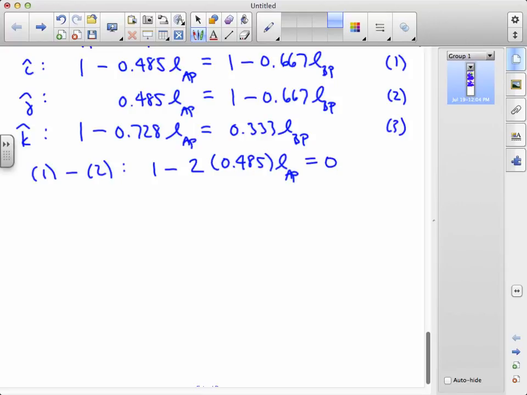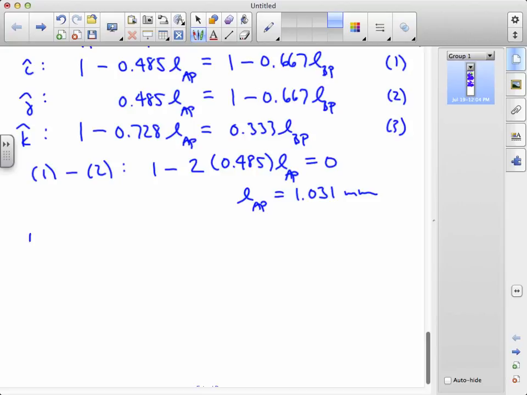And that gives me a value for the length of AP that's equal to 1.031 millimeters. And if I take that and put it back, let's say, into the first equation, and just notice that the first terms in those equations are both 1, I require 0.485 times the length of AP to be equal to 0.667 times the length of BP.